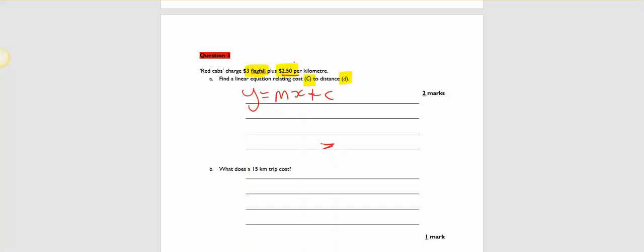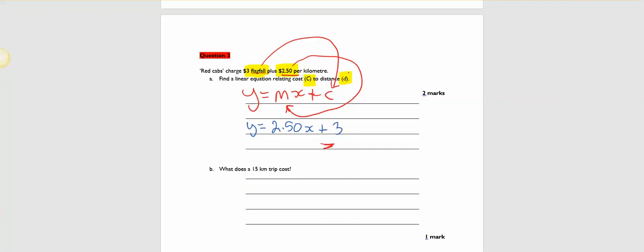So $2.50 is going to be the m and $3 is going to be the c. So it's going to become y equals 2.50x plus 3.